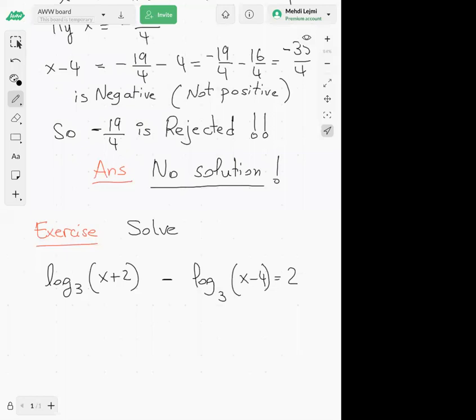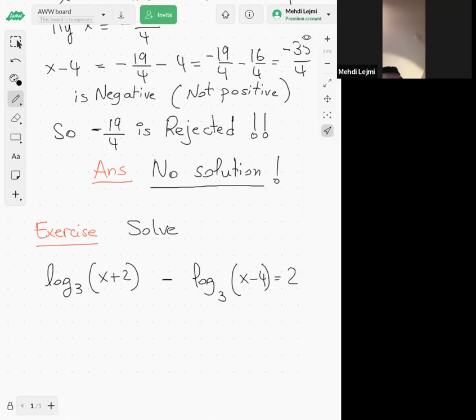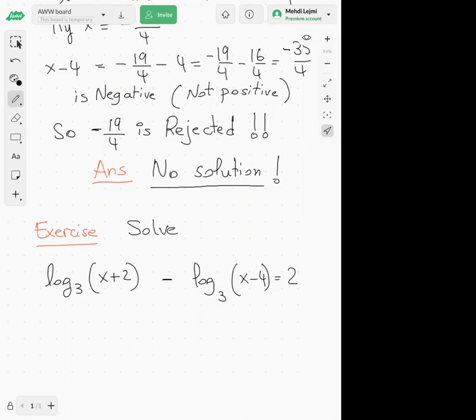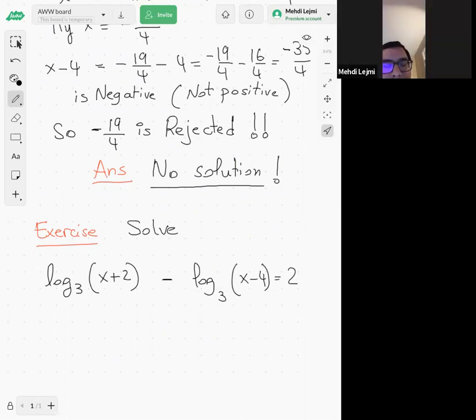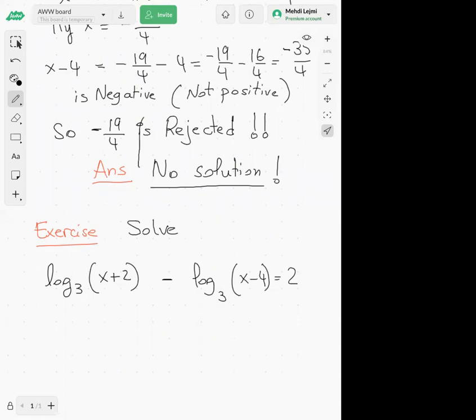Professor, my question is about checking the positivity of the solution, the last part. So you took x minus 4 to check it.